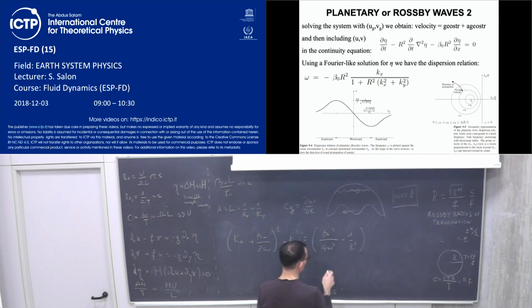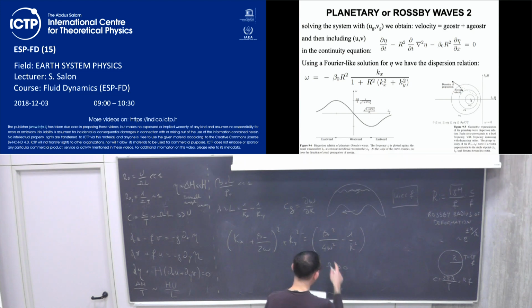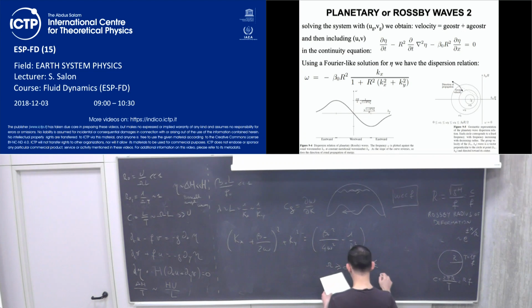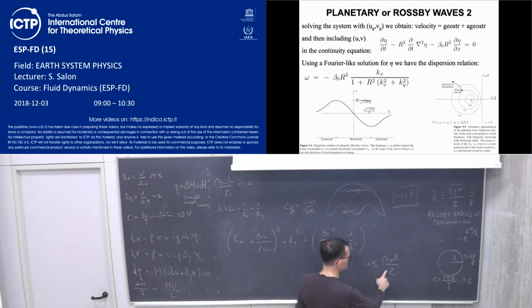So this radius, let's call it r lowercase, of course can be positive or at minimum 0. It's not possible that the radius, being a distance, can be negative. So this actually gives us a limit for the frequency. The frequency that we can have in Poincare waves is limited by this value, so it's strongly related to the planetary effect.